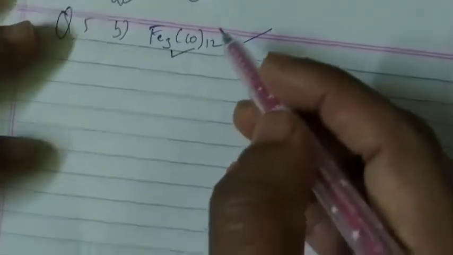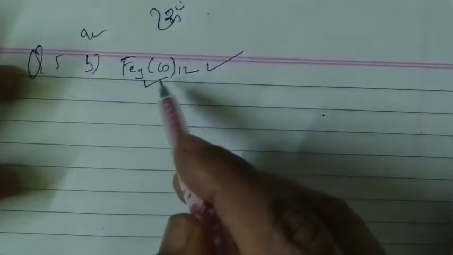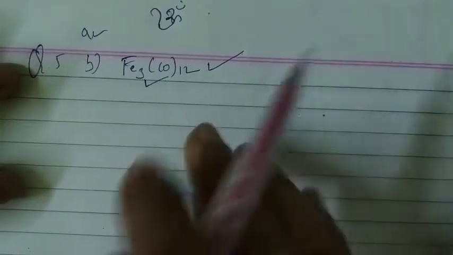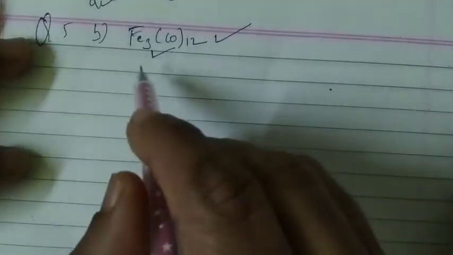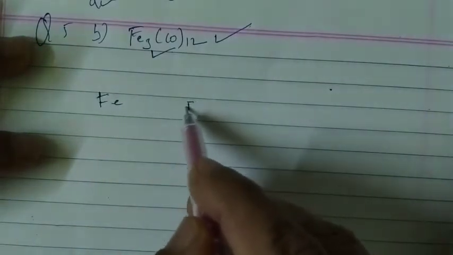First of all you should know the structure of Fe3(CO)12, because the answer depends totally on it. If you don't know the structure, then you are not going to put the correct answer for the spectral bands here.